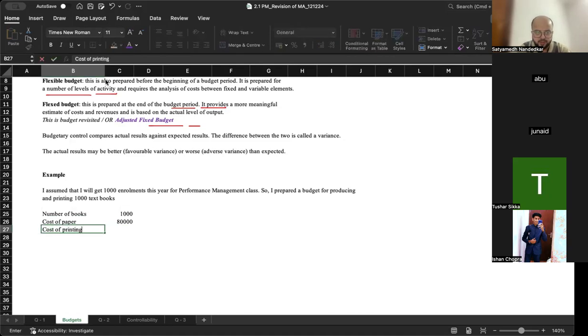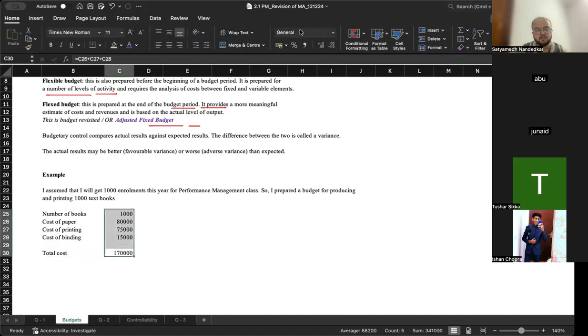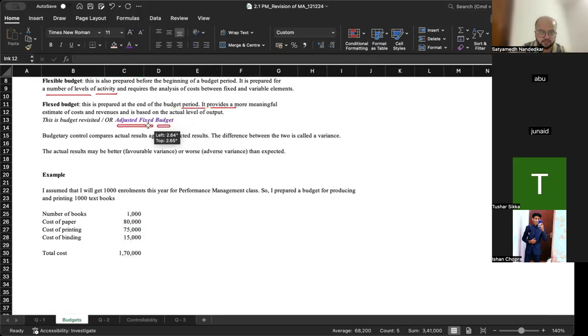Cost of printing 75,000. Cost of binding is 15,000. So, what is the total cost? 80 plus 75 plus 15, that is 1,70,000. So, this is my fixed budget.